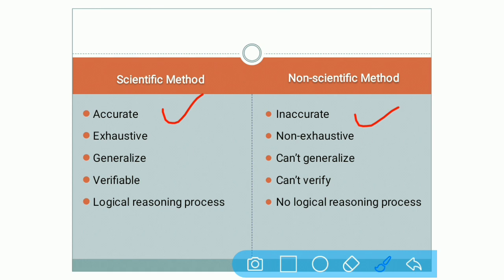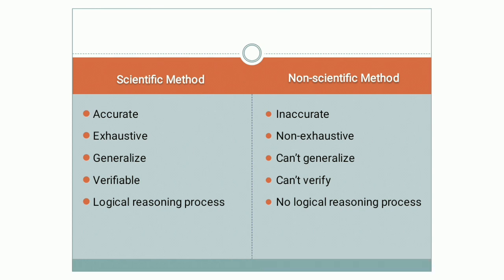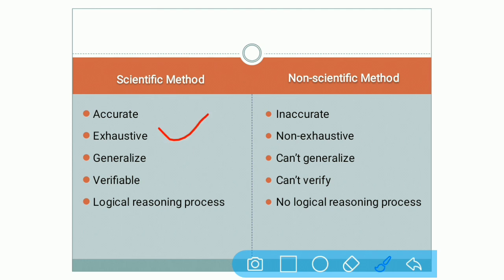Because it is not analyzed, there is no proof, so accuracy is not there. Exhaustive, we have clearly understood in the last video the meaning of exhaustive. That means each and every piece of information is collected from different people. That's why the scientific method is exhaustive, while the non-scientific method is non-exhaustive.